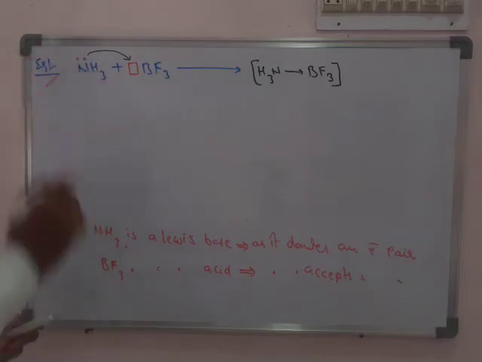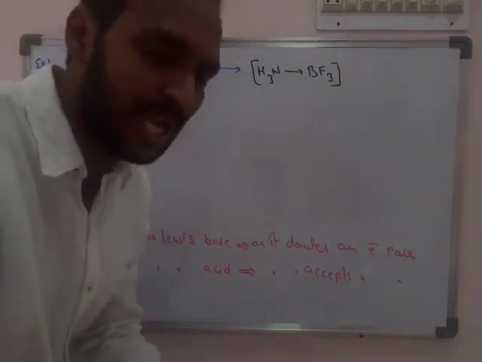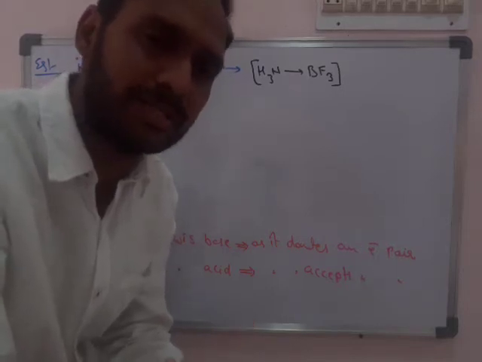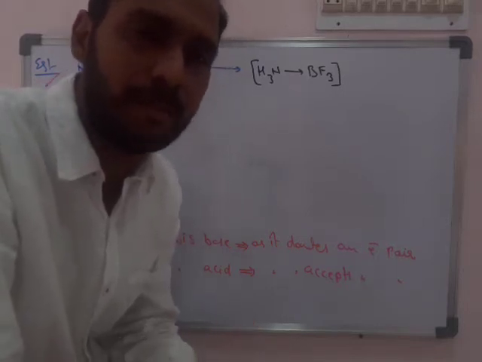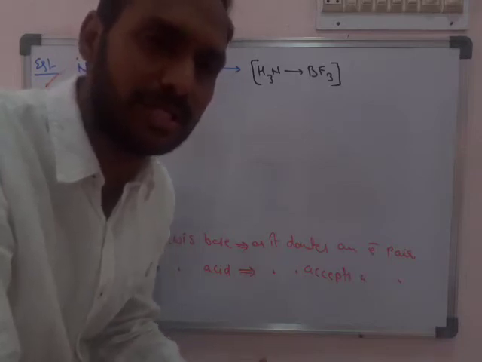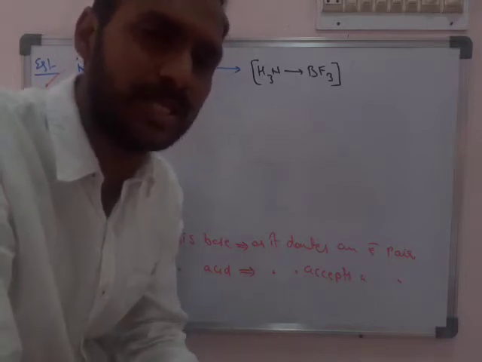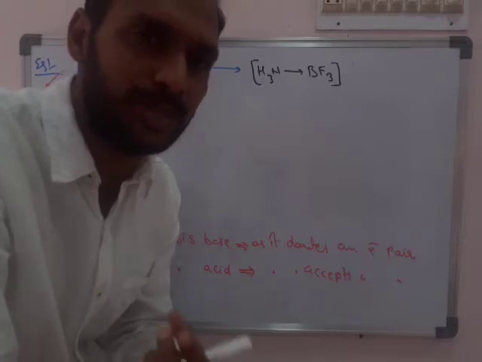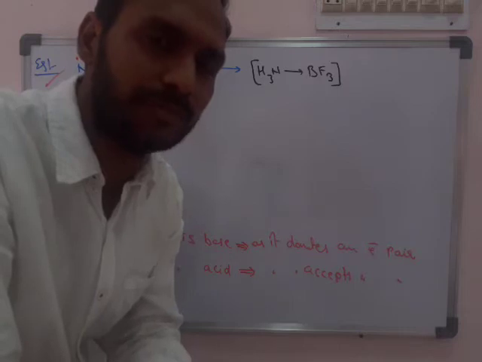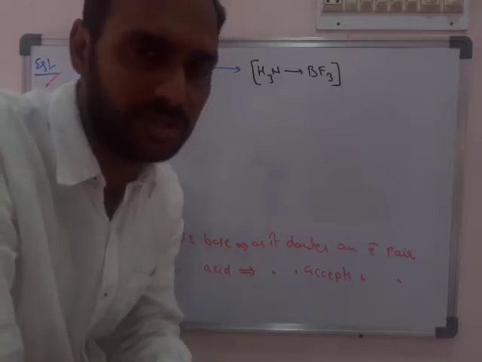So what is the importance of this example? Here for NH3 there is no doubt. In the Bronsted theory also it was treated as a base because it accepts H plus. According to this theory also, it donates an electron pair, so it is also treated as a base. But the thing is BF3. We especially discussed BF3, AlCl3, B2H6 and BCl3, which are known as electron deficient compounds.